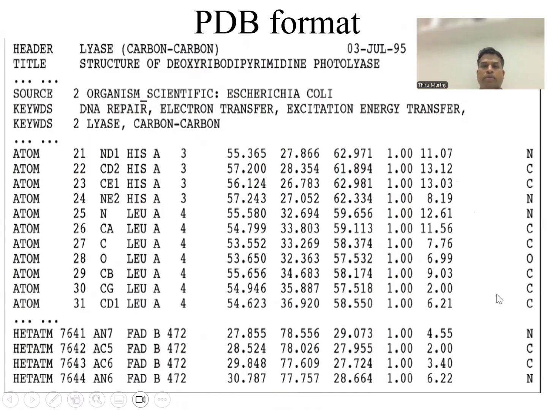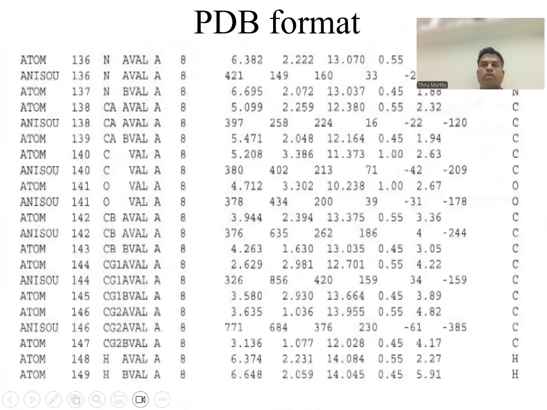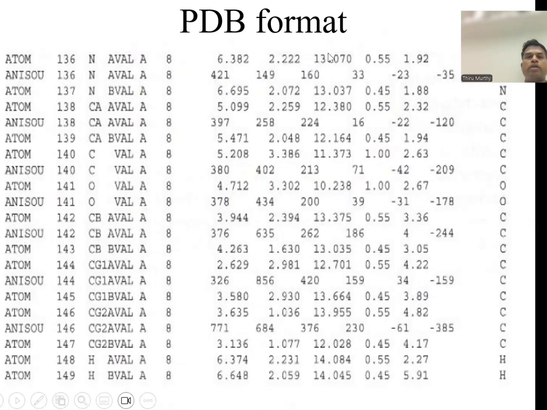Look at the other example. Here you can see this particular amino acid. What is the amino acid here? Here we have the amino acid called valine. This particular valine has a nitrogen atom. This nitrogen atom has two different conformations, 0.55 and 0.45.